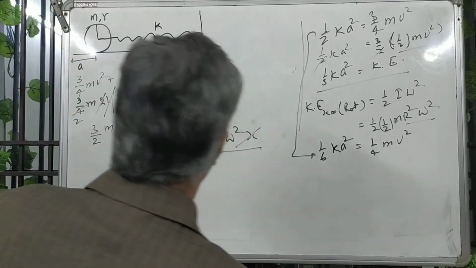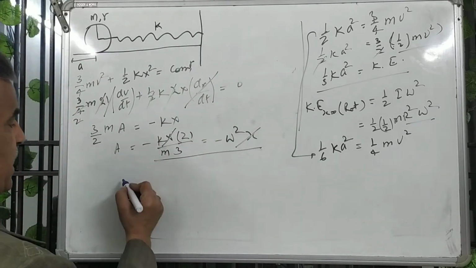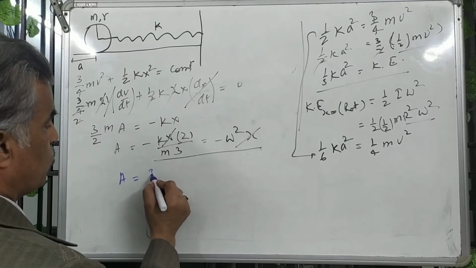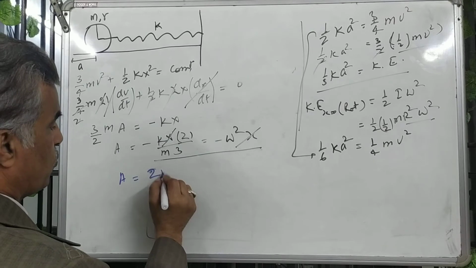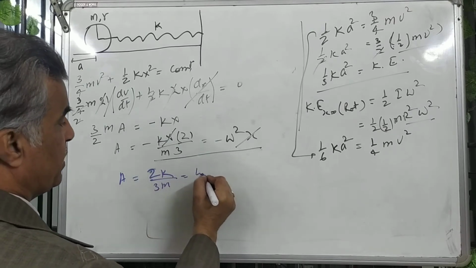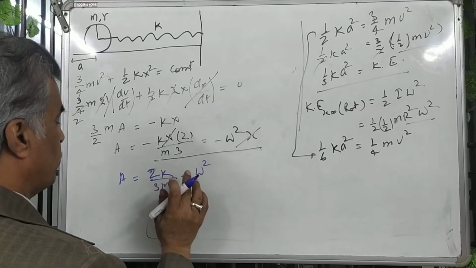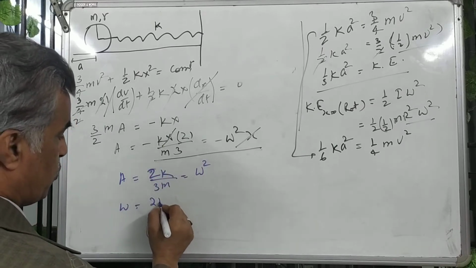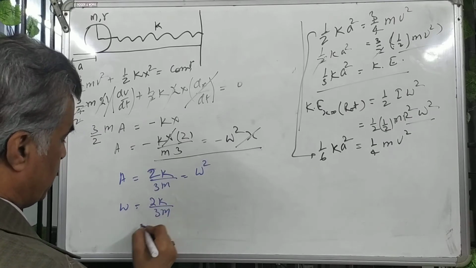This is acceleration A. So acceleration A equals 2k upon 3m, which is omega square. So now omega equals root 2k upon 3m.